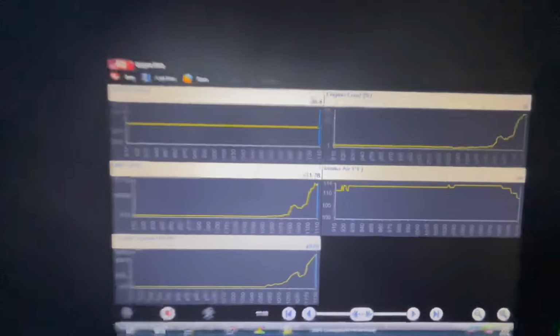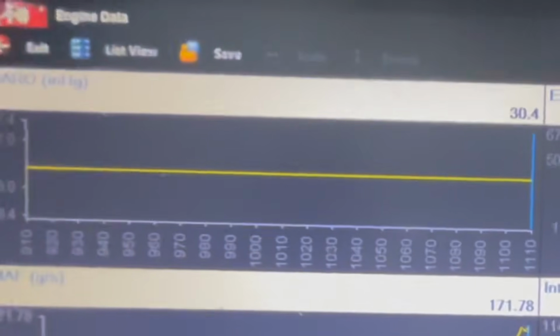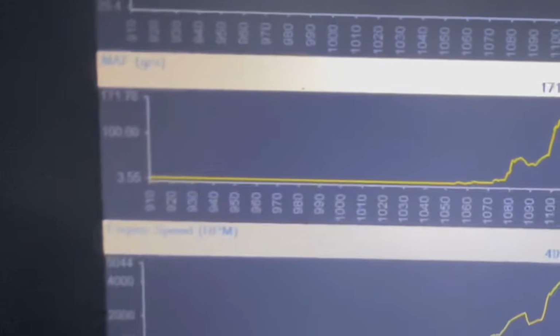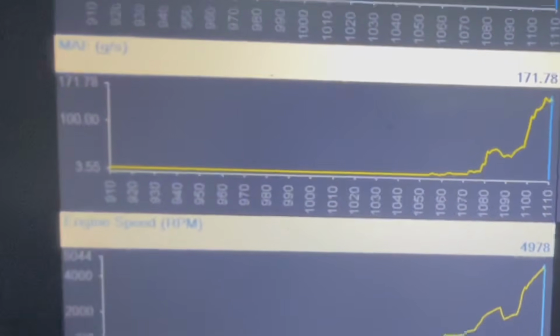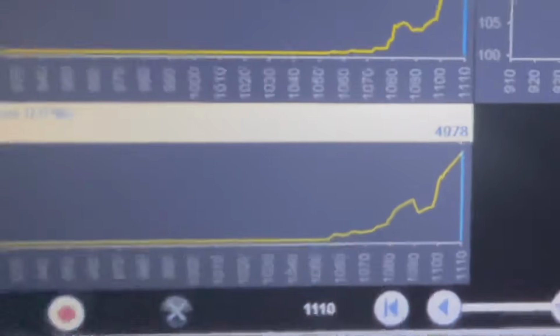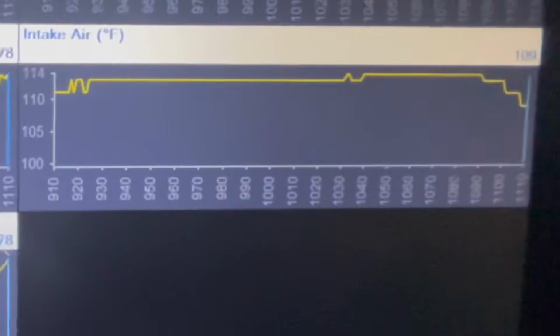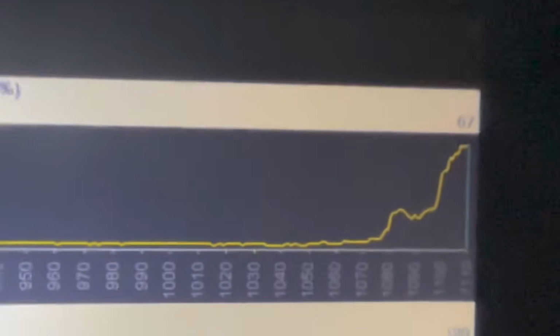So as you can see, our barrel is always going to be the same. So right now we're at 30.4. Our MAF right here, we are at 171.78. RPM went up to close to 5,000 RPM. Intake air temperature, we're at 109. And then if we look at our engine load, that's only 67.